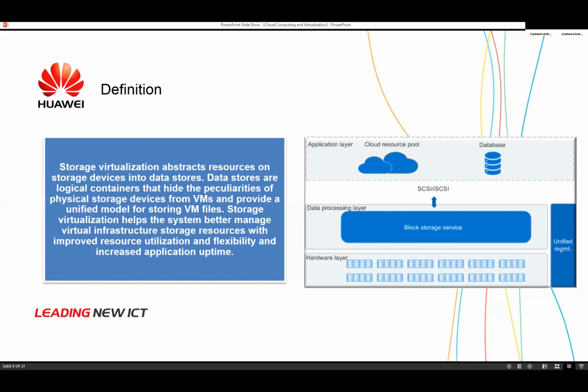What does this mean? As you can see on the right side, we have the block storage service, we have the hardware layer, and it unifies all the storage resources that the servers provide.